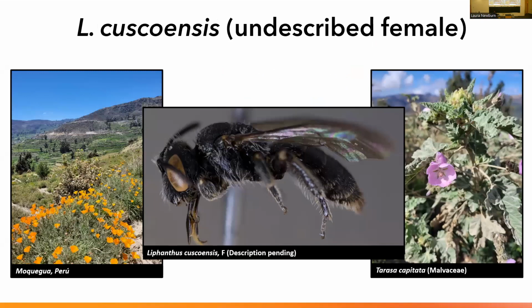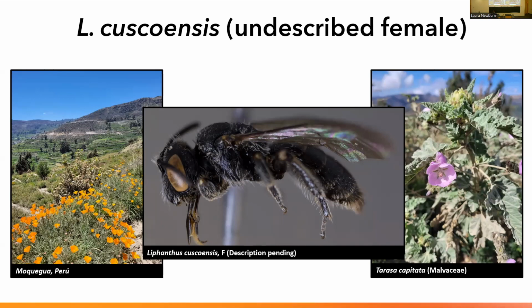Now, I'd like to share some good news about this group that I'm calling Lata because of the broad legs that they have. In my recent visit to Peru, my colleague Jason Calisaya and I collected the undescribed female of Liphanthus cuscoensis.